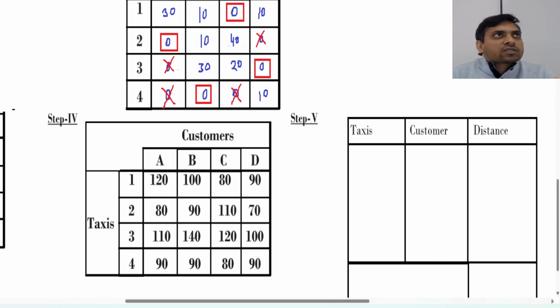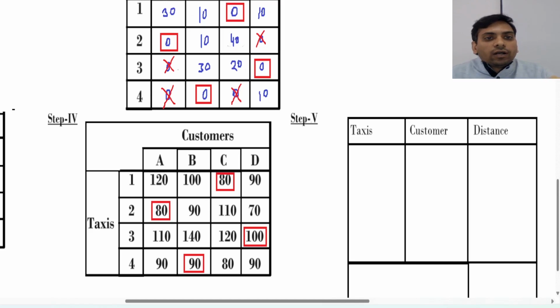So this first box is for first row, C column. So first row, C column means this 80, and then second row, first column, this 80, and next is third row, fourth column, this 100, and then fourth row, second column, this 90. So these are the allocations.